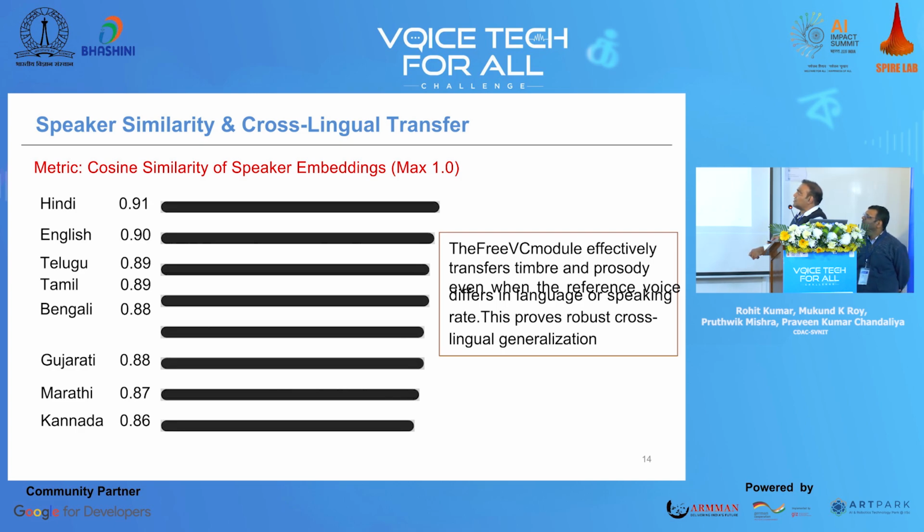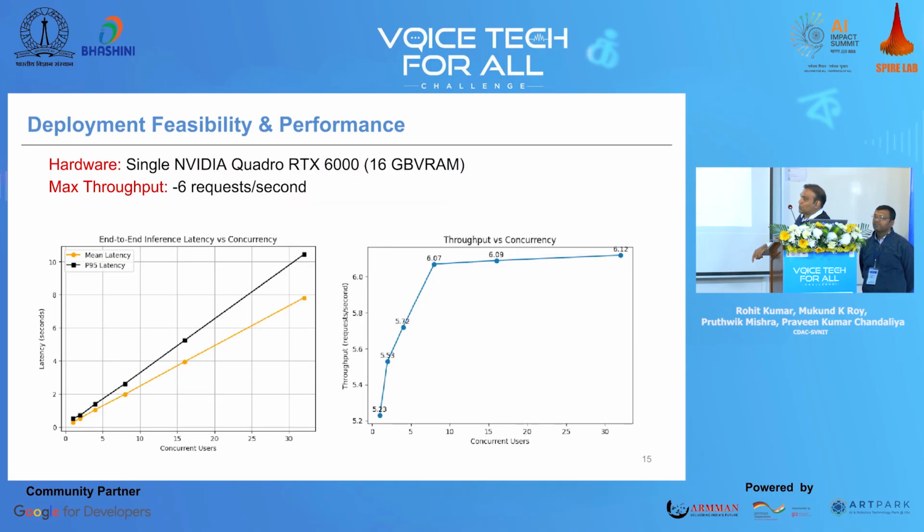Yes, this is one of the important aspects while going from a research project to deployment. For that, we did some benchmark testing on a single NVIDIA Quadro RTX 6000 series. This is a very basic GPU with 16 GB RAM.